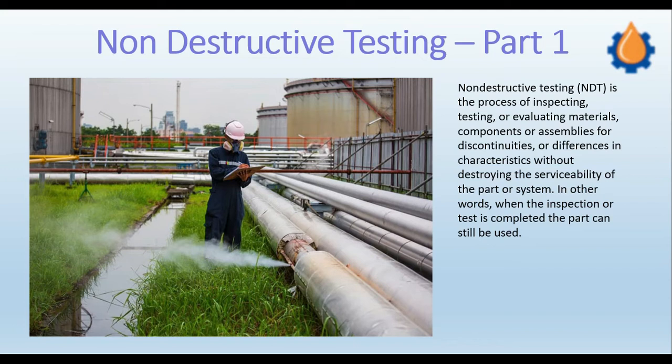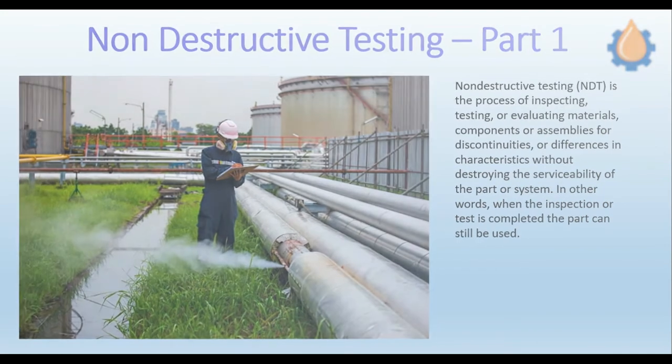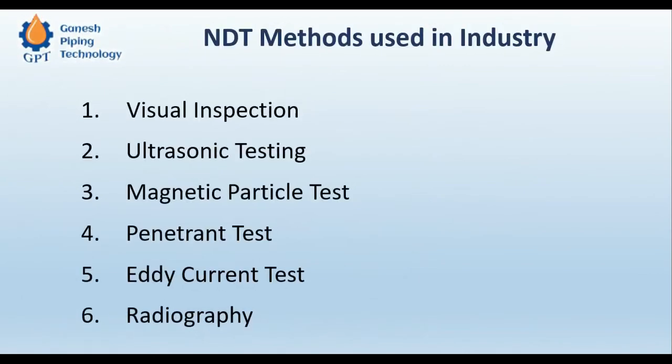If there is any blowhole or gas inclusion inside the casting, the casting is weak. The NDT methods used in industry are visual inspection, ultrasonic testing, magnetic particle test, penetrant test or dye penetrant test, eddy current test, and radiography.